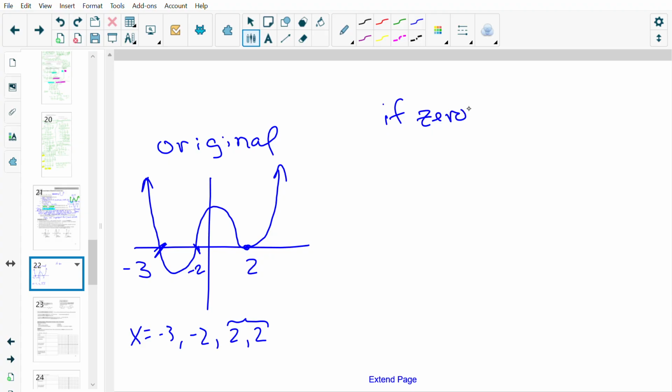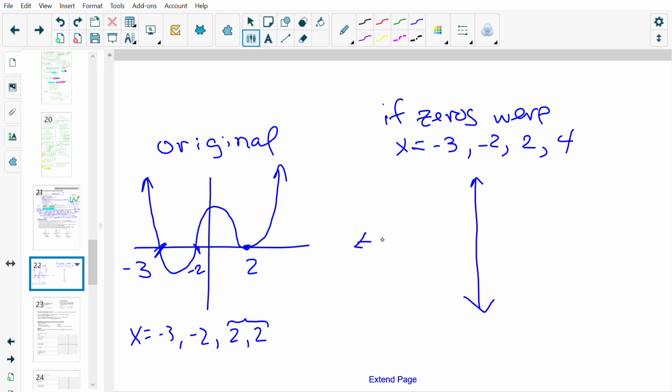If zeros were instead x equals negative 3, negative 2, 2, and 4, what would our graph look like? It wouldn't bounce anymore, right? So it would be like this, negative 3, negative 2, and then we have the 2, and then we have the 4, right?